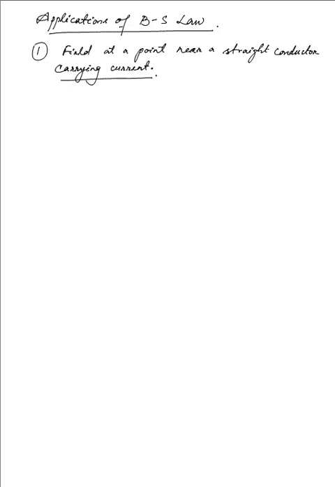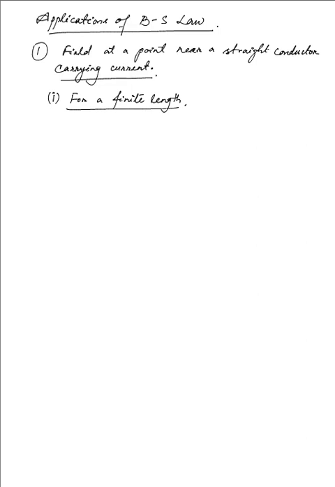So field at a point near a straight conductor carrying current, we'll treat it for the finite length first of all. In layman's language, it is quite acceptable that we consider the length finite, but we'll see how the length goes to infinity when considered for that given point.